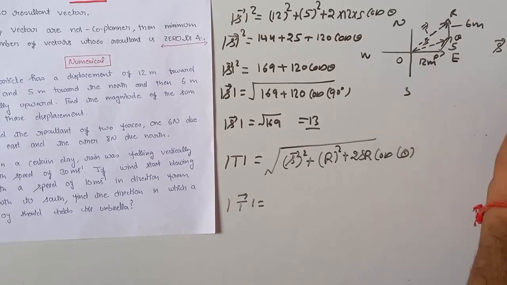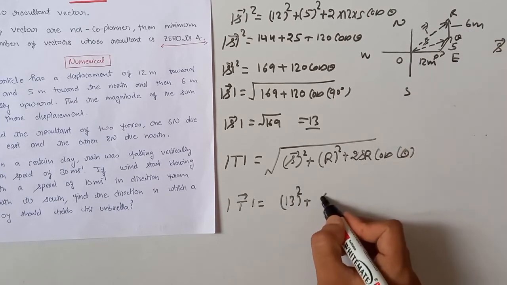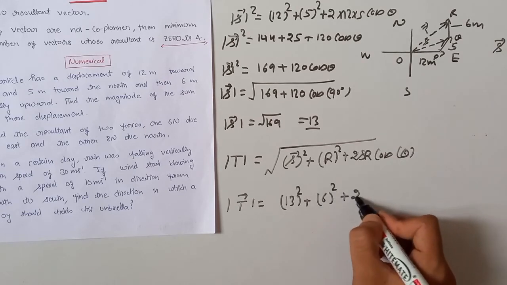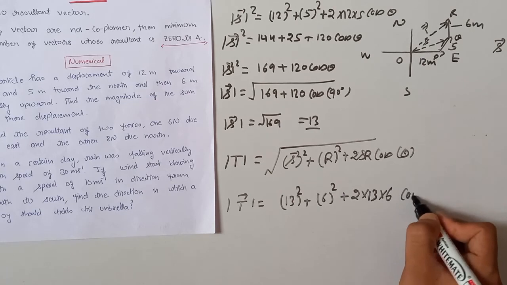What is the value of S here? 13. So T is the square root of 13 squared plus R, here 6 squared, plus 2 into 13 into 6 cos 90.